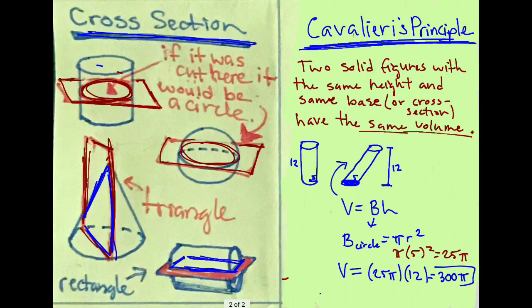Just make sure you have that as a note. It's a fact you need to know, whether it's a cylinder or a prism, no matter what it is, if it's the same size base and the same height, you're going to have the same volume. Same volume. I didn't say same anything else, but same volume.